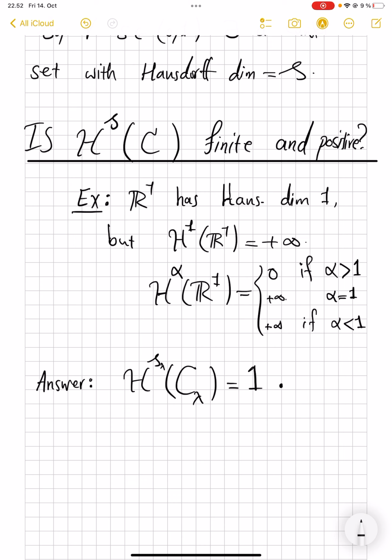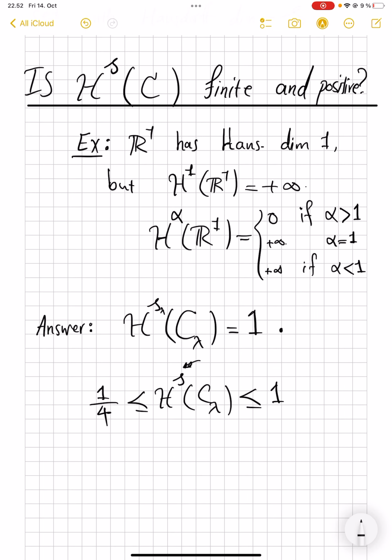All it proves is that with that S, this C lambda is less than 1, which shows that the Hausdorff dimension is at most S, but then it also proves this side, which means the Hausdorff dimension has to be S, because the only value of S that could produce a finite and positive value is the Hausdorff dimension.